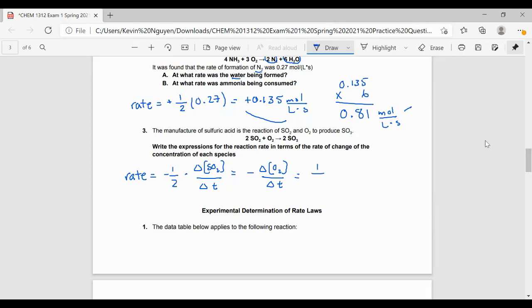And again, it's equal to positive 1/2 because this is a product, so 1/2 change in SO3 all over delta t.